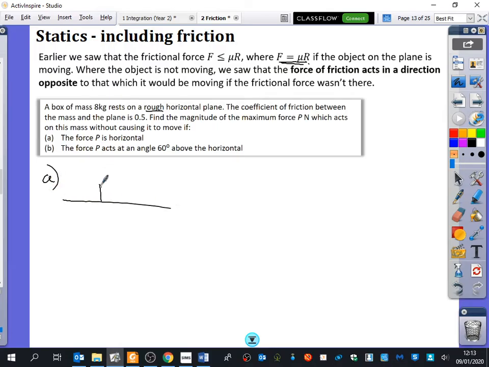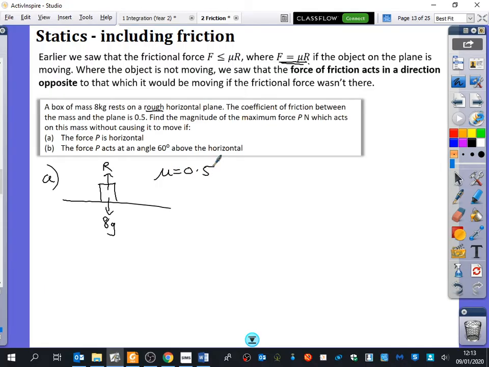So we have a flat surface, and I want to add on some things. I know it's got its normal reaction, and I know it's got its weight of 8g. There's the coefficient of friction, which is 0.5.